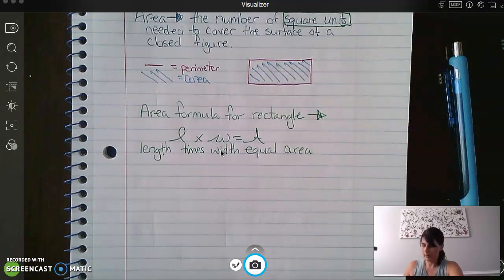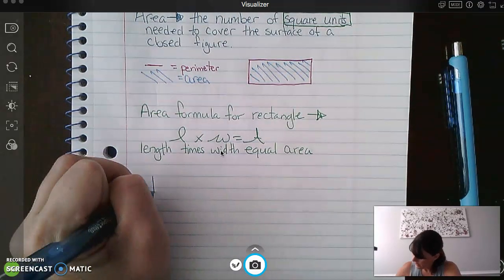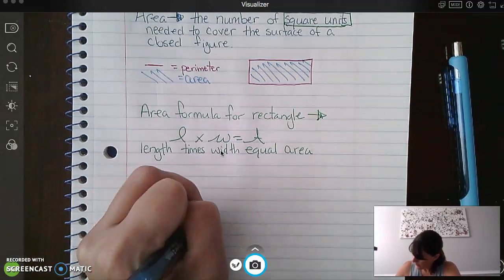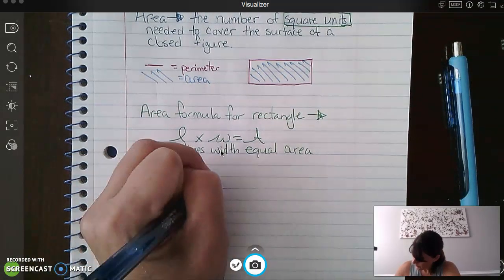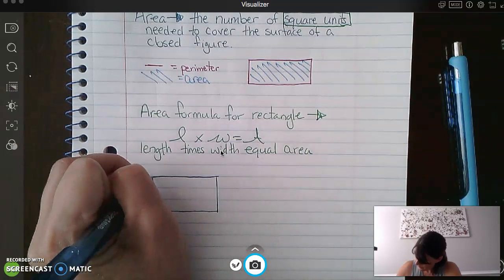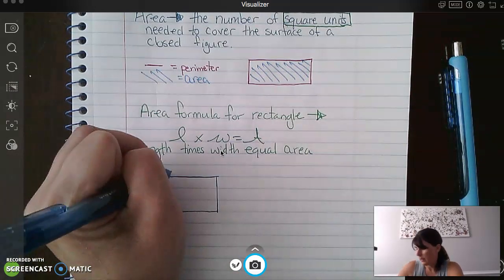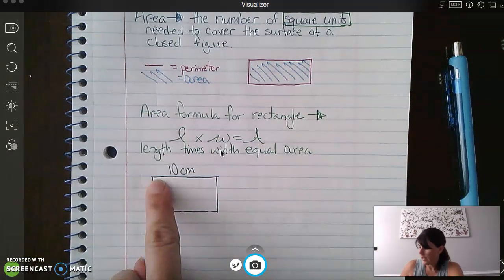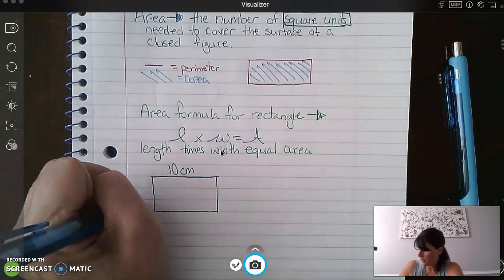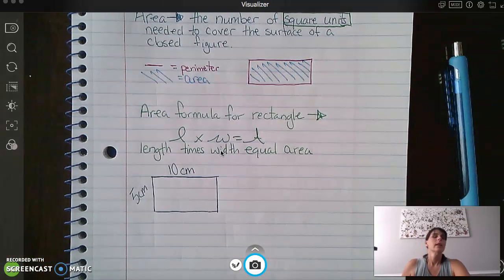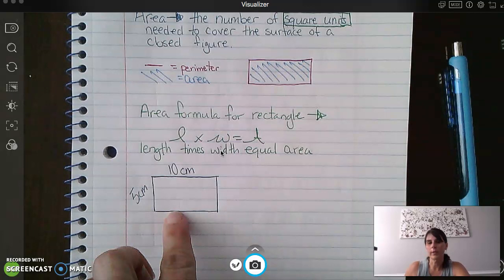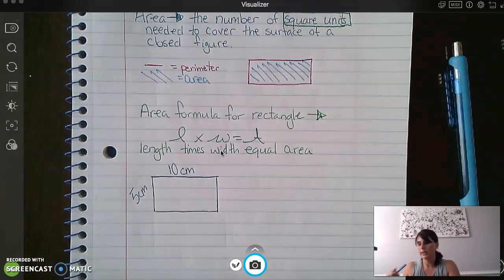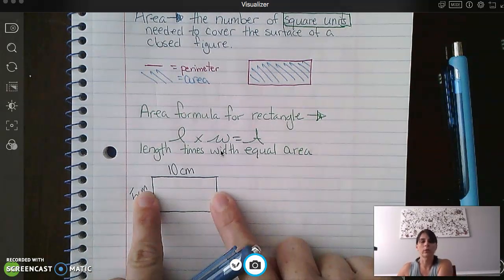Okay, here is my rectangle. And let's say that this is 10 centimeters for the length, and the width is 5 centimeters. Now, when I was finding the perimeter, I had to know all four sides, and I had to use my knowledge of rectangles to know that these are congruent sides.